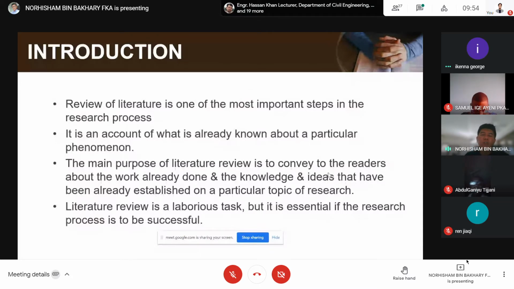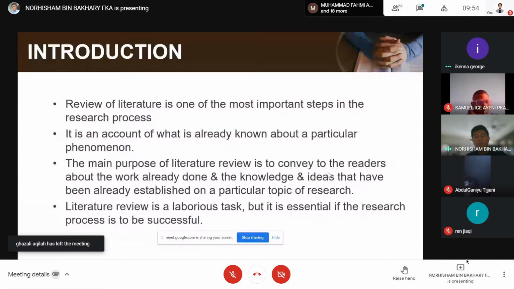So you need to find journal articles from the established sources, and then you have to read the journals and find what was their interest, and then what is the problem, and then what hasn't been done before, and then after that, who improved the work.